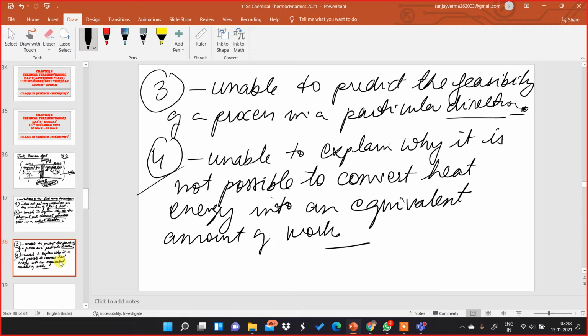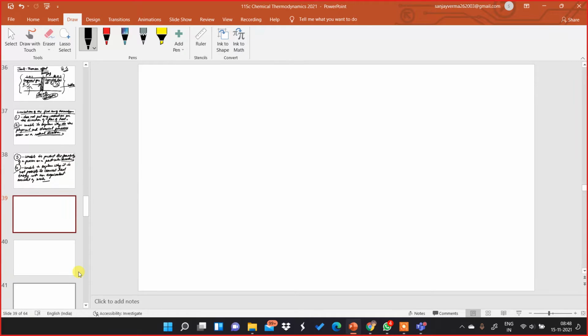Because of these limitations, there was a necessity to come to the next law, called the second law of thermodynamics. This law was able to predict the direction in which energy can be transformed, and the direction in which a spontaneous change can take place.